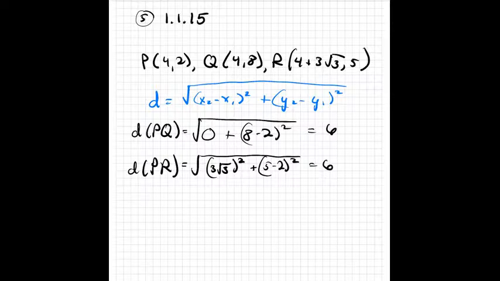Okay. We did PQ, PR, now let's do QR. Distance between Q and R. So then x2 minus x1, that minus that is going to be 3 root 3 squared plus 5 minus 8. 5 minus 8 is negative 3, squared is 9.